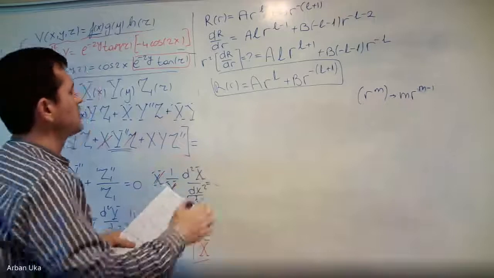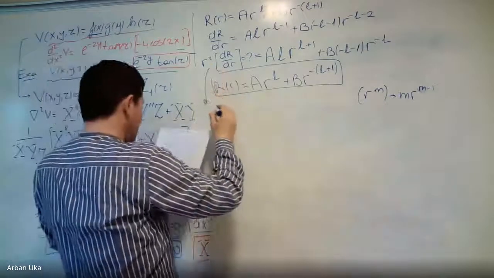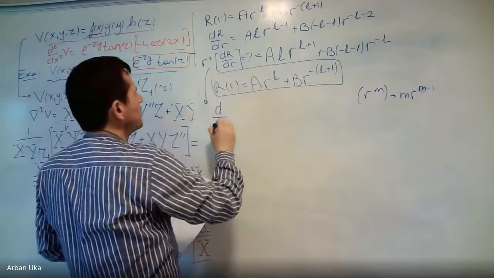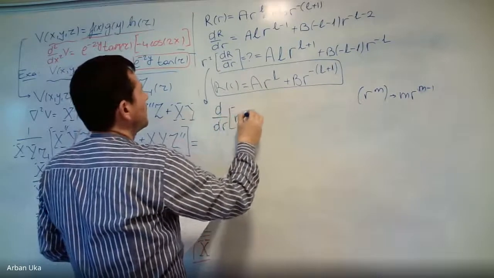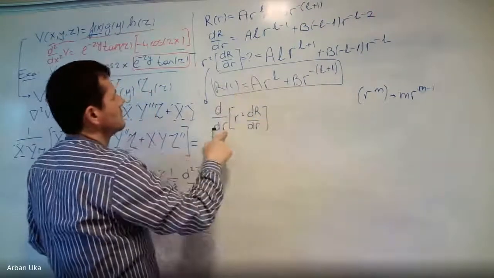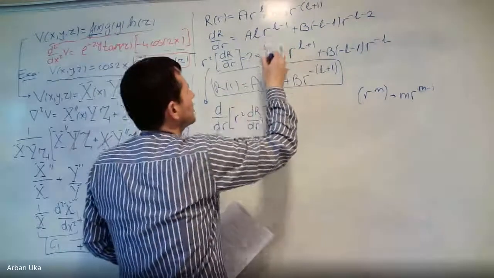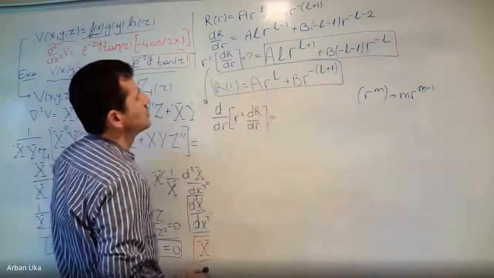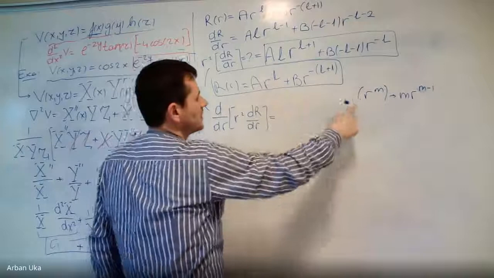Now, at this stage, what we can do again is take the derivative of this expression again. So let's do d over dr of r squared dR over dr. This means that we are taking the derivative of this function here with respect to r. This is going to be, again, the same principle.